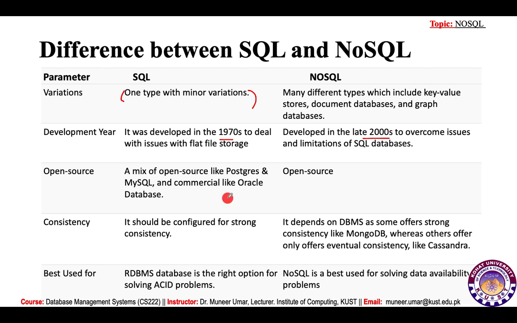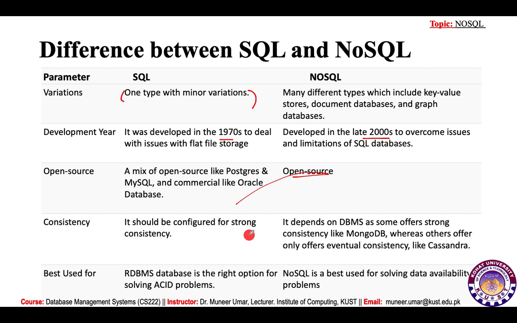SQL is a mix of open source and proprietary: you can find open source databases and also proprietary databases, while NoSQL is open source. In SQL, the foremost thing is consistency, so these are configured for strong consistency, while NoSQL may offer strong consistency and in some cases weak consistency, depending.